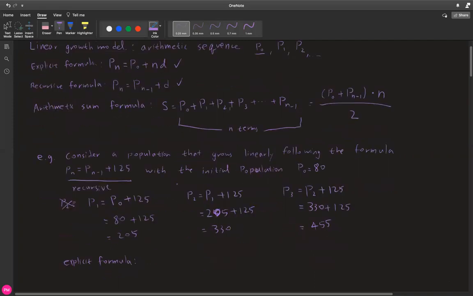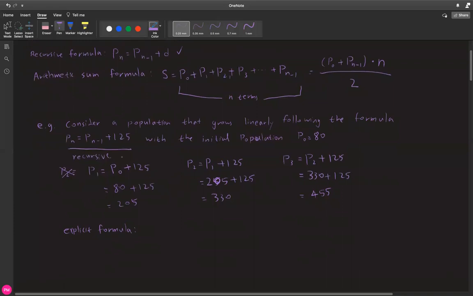So let's go back down here, and for the explicit formula, we can find that P sub n is defined as P sub 0 plus nD. Hence, we have 80 plus 125n, because here D is 125.